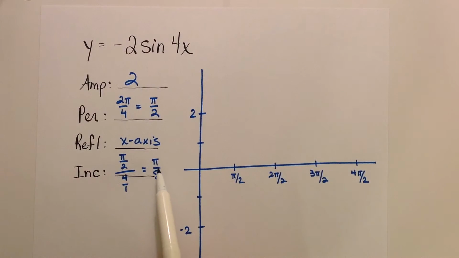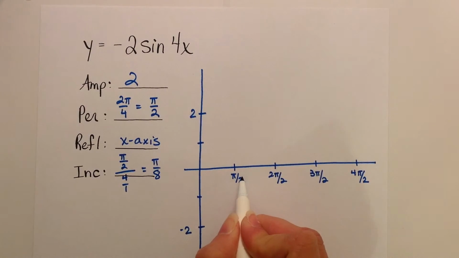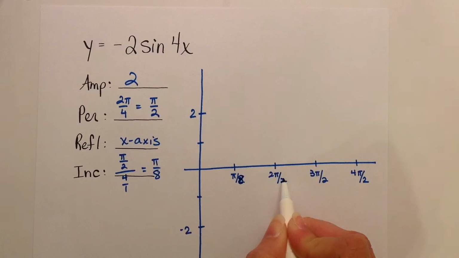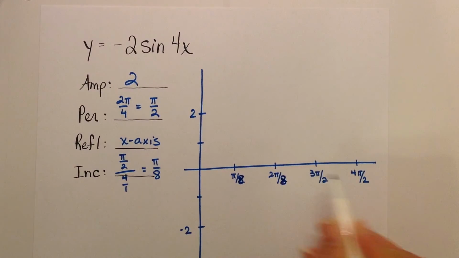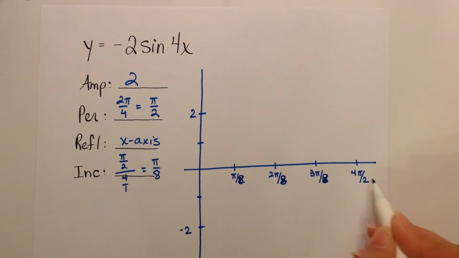I'm sorry. I'm supposed to add pi over 8. I was adding pi over 2. So if I add pi over 8, this needs to be an 8. Pi over 8, and then I'd have 2 pi over 8, so we can fix this. And then 3 pi over 8, and then last 4 pi over 8, and then if you reduce 4 pi over 8, you get your 2 pi. Okay, I couldn't figure out what I had done wrong at first.